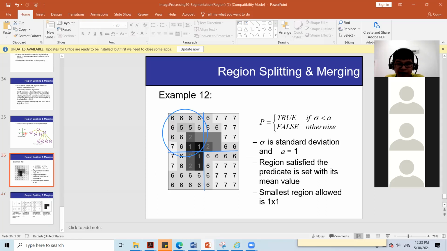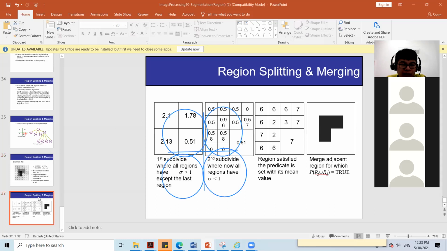So actually, let me repeat finally. You compute the subdivide, then you need to compute the standard deviation for each of these, and you'll get the four subdivided parts.